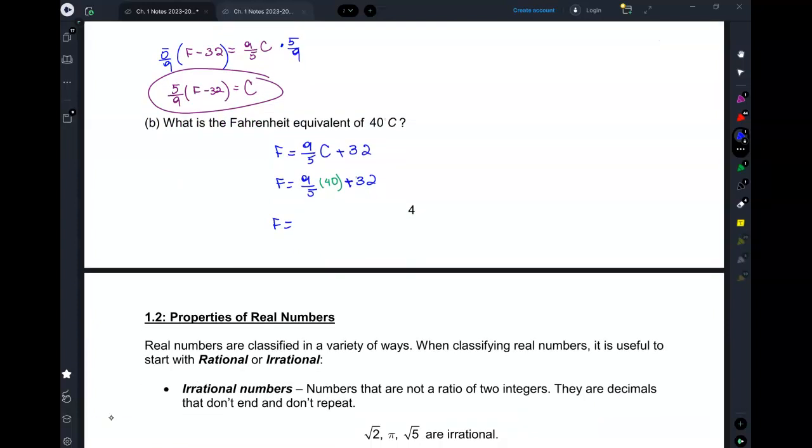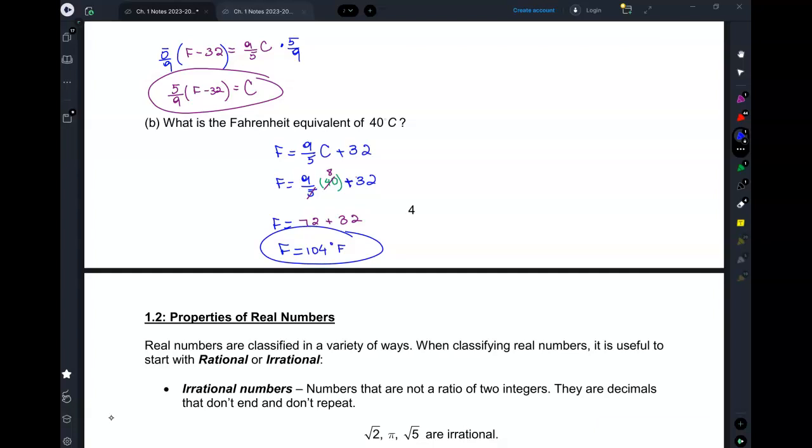Can we simplify this? Divide by 5, you get 8. So that's 72. Plus 32. Whew. 104 degrees Fahrenheit. Okay?